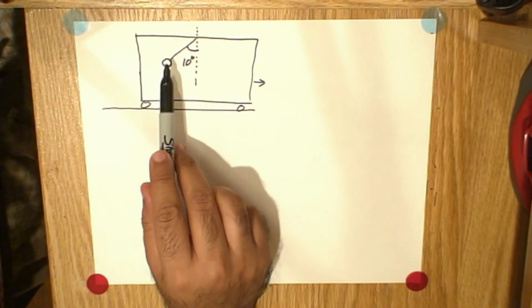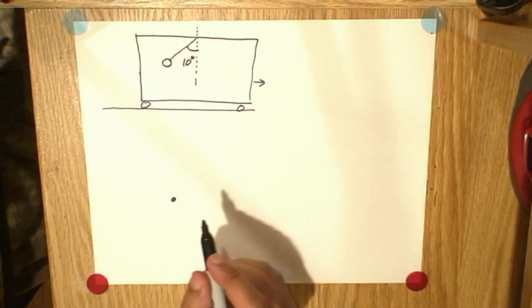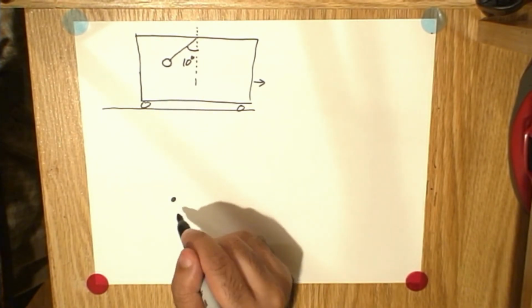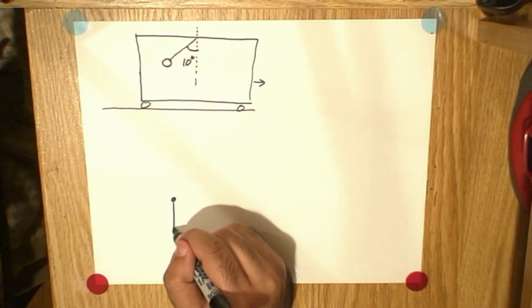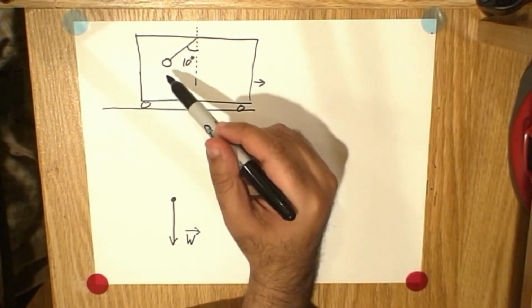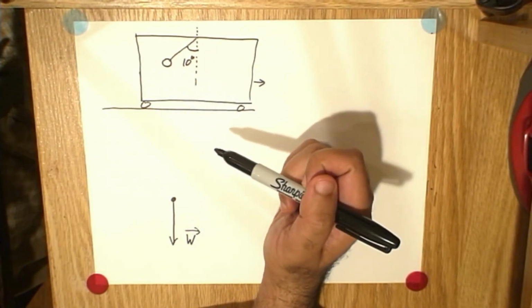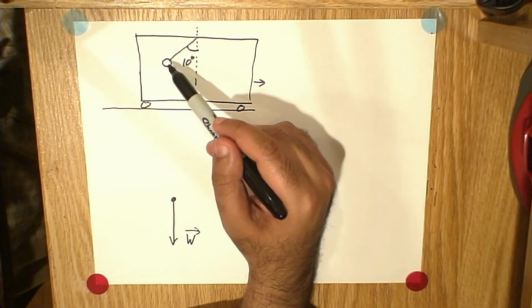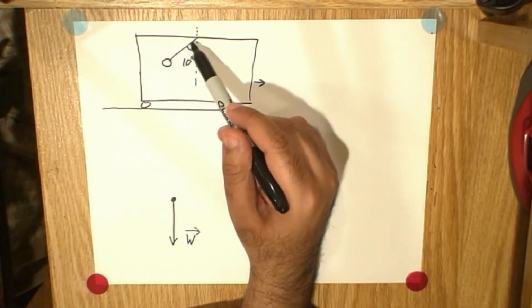I'm going to represent the ball as this spot. Now, this ball is going to feel our familiar sense of weight, but since it's not resting on any surface, there is no normal force. The only other force it's feeling is the tension that's there in the string.